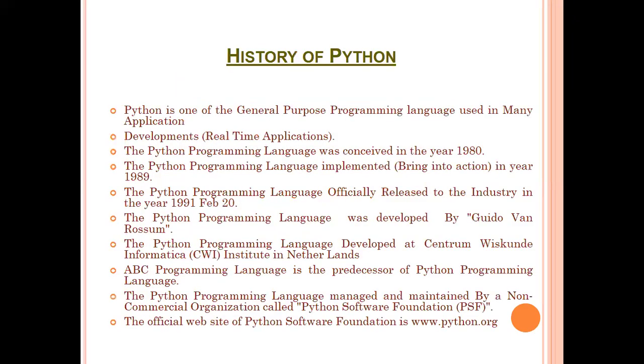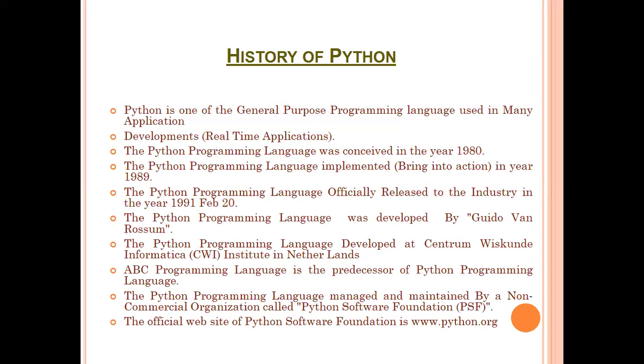Now, history of Python, we have already discussed. It was conceived in 1980 and brought into action in 1989, as some of the students have answered very well. Python programming language was officially released on February 20, 1991.